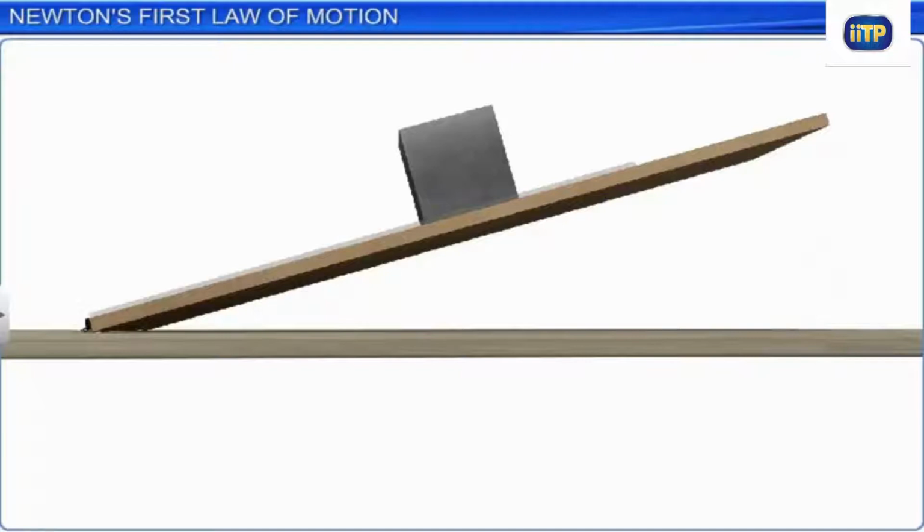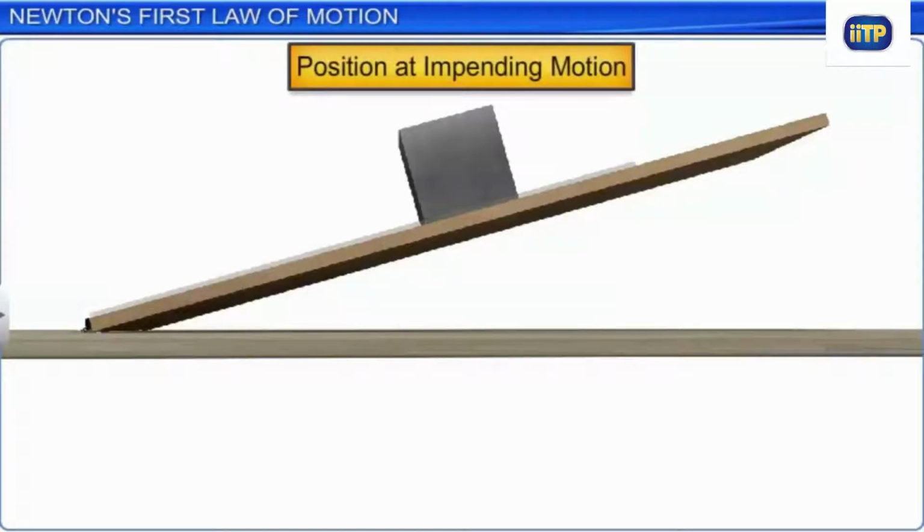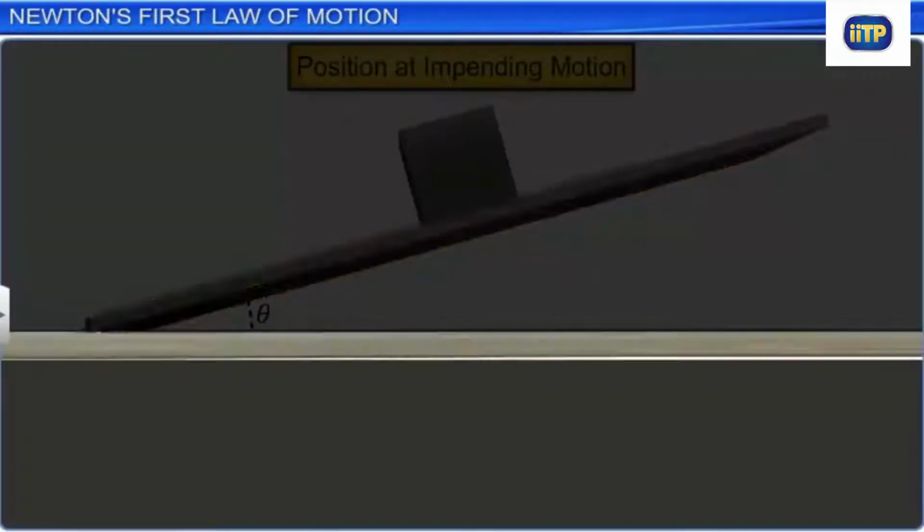That is, without any external force being applied to it. This position of the inclined plane is known as the position of impending motion. Theta is the angle between the inclined plane and the horizontal surface.